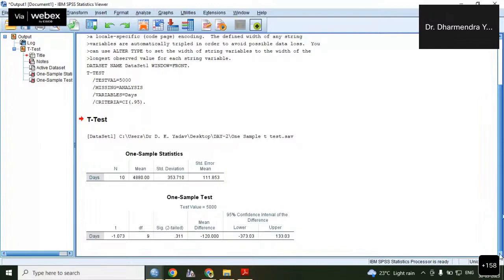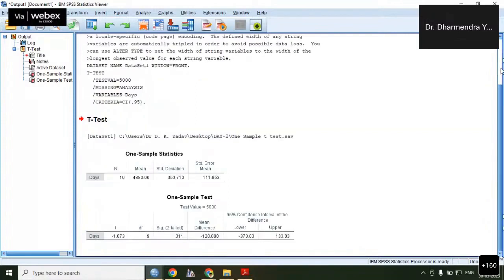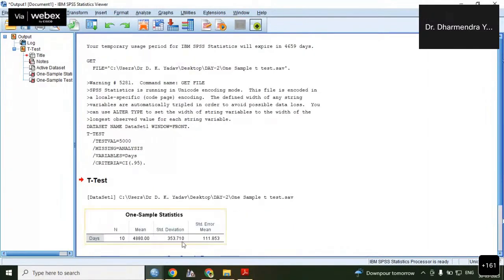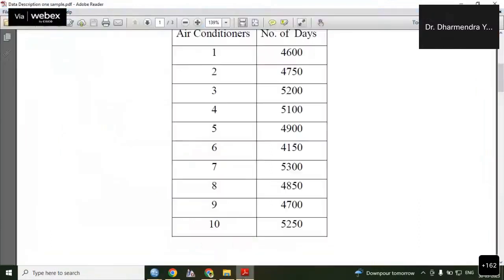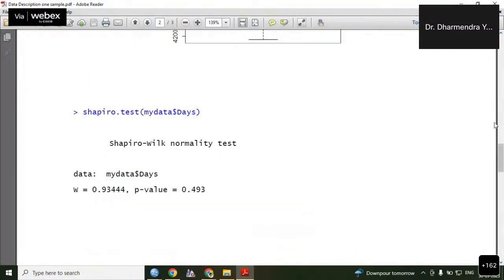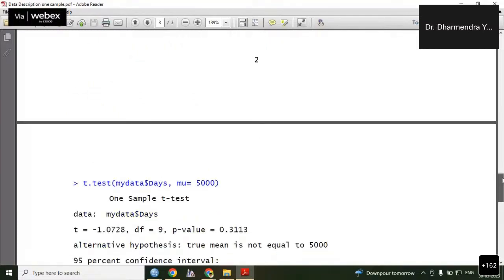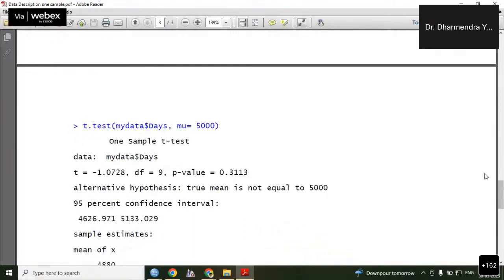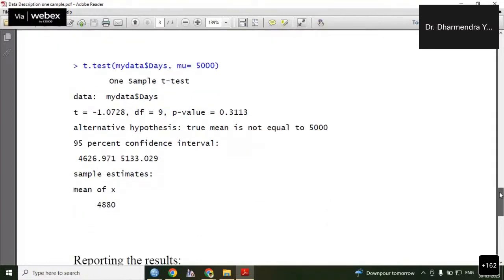And then, okay, this is our t value. Degree of freedom will be 9. P value is 0.3113.